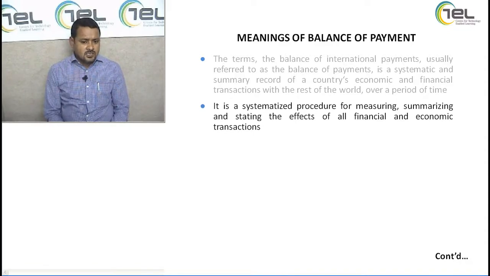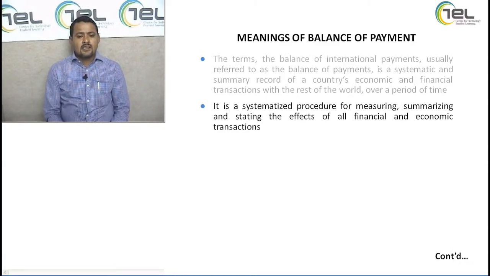It has to be systematically monitored and recorded. If there is a fluctuation in the foreign exchange ratio of one currency with another, it is going to fluctuate over a period of time.